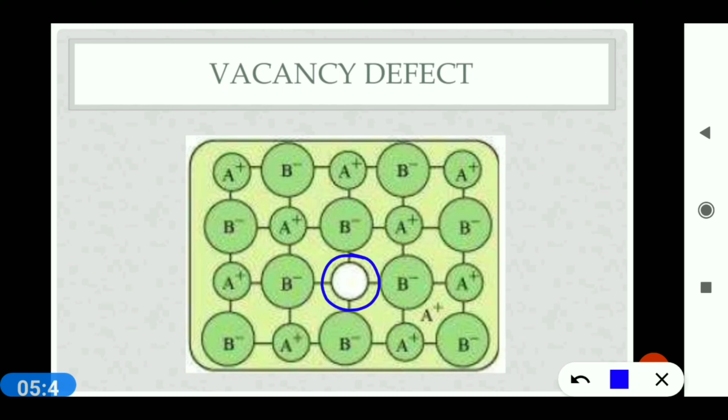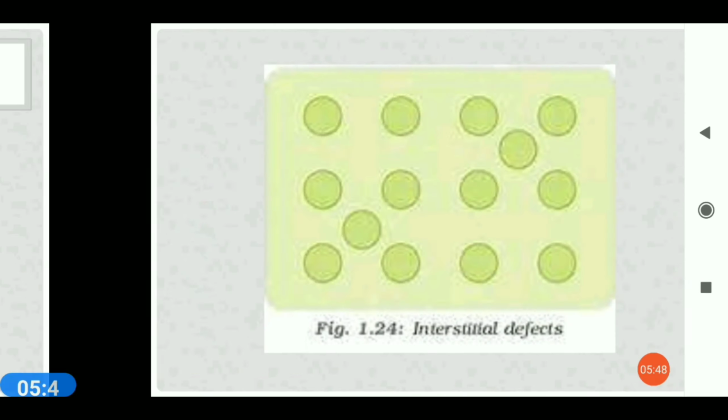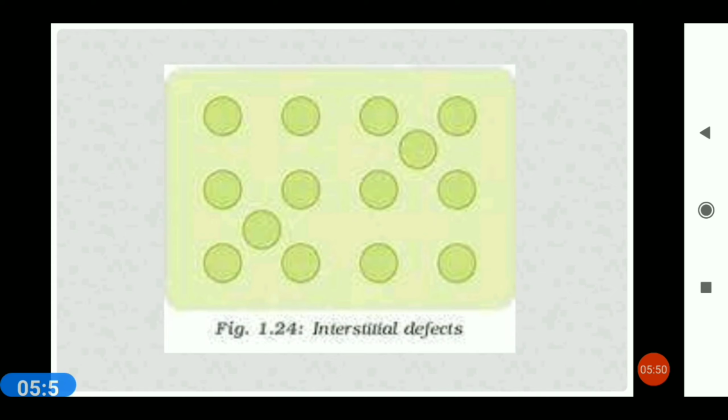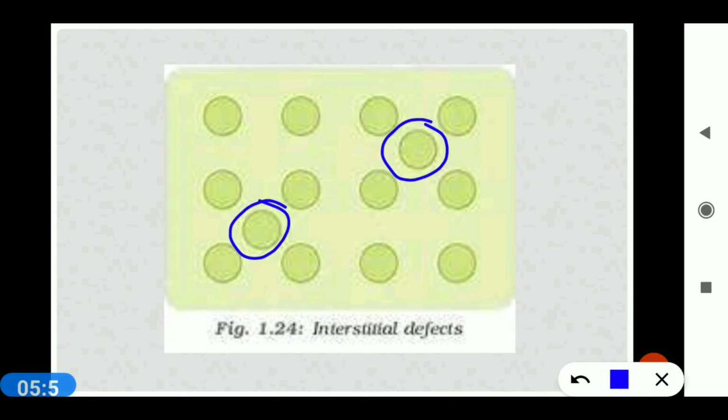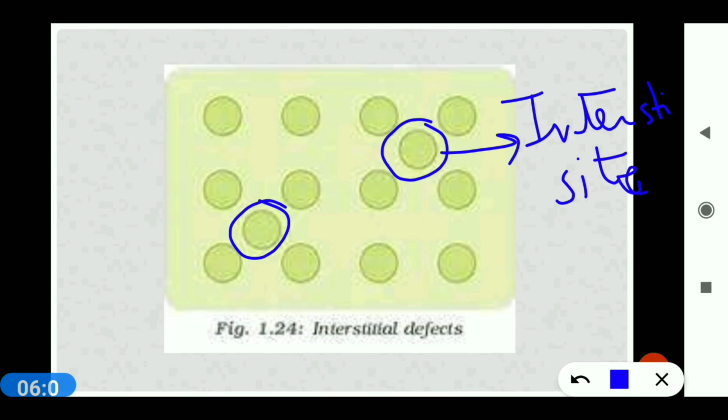If the vacancy is created, then it is known as the vacancy defect. But here you can see in the interstitial defect that the particles occupy a position in between the crystal. These are the interstitial sites. So if the particle is trapped in between the interstitial sites, then we call it the interstitial defect.